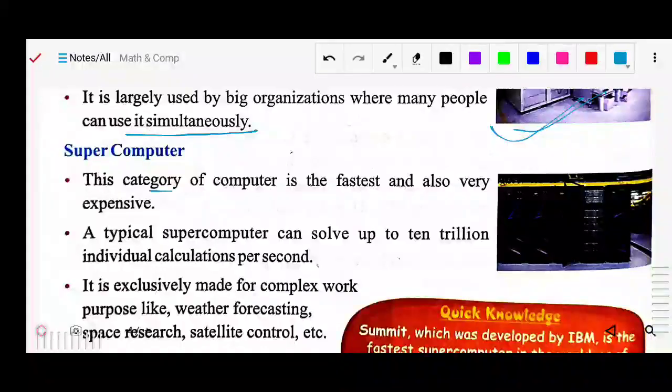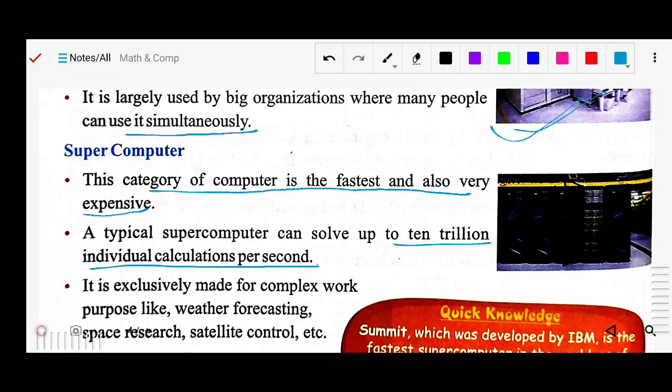Next we have the supercomputer. This category of computer is the fastest and also very expensive. Of course it is very fast and the cost is very high. A typical supercomputer can solve 10 trillion individual calculations per second. In 1 second, this supercomputer can solve 10 trillion calculations, just imagine how fast it is. It is exclusively made for complex work like weather forecasting, research, and satellite control.